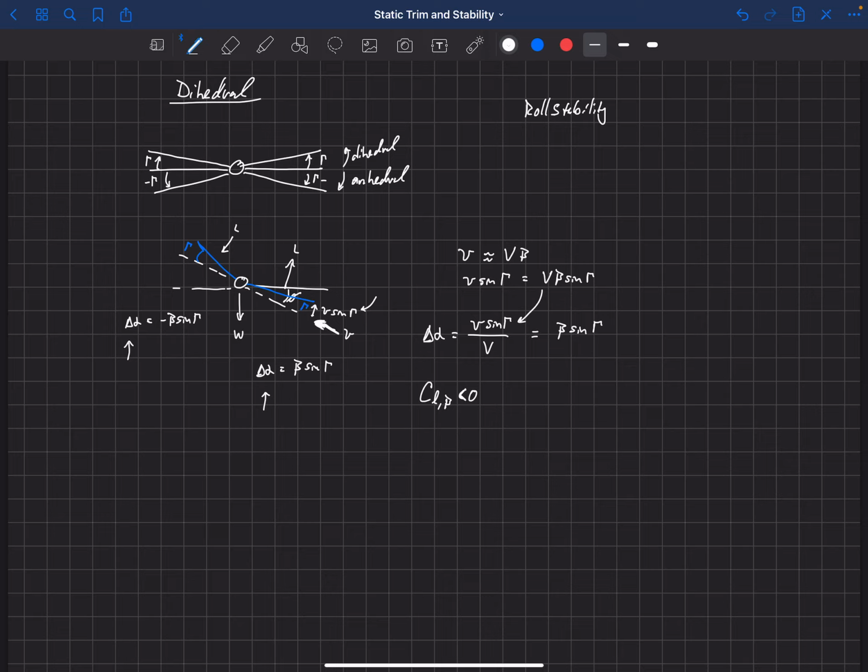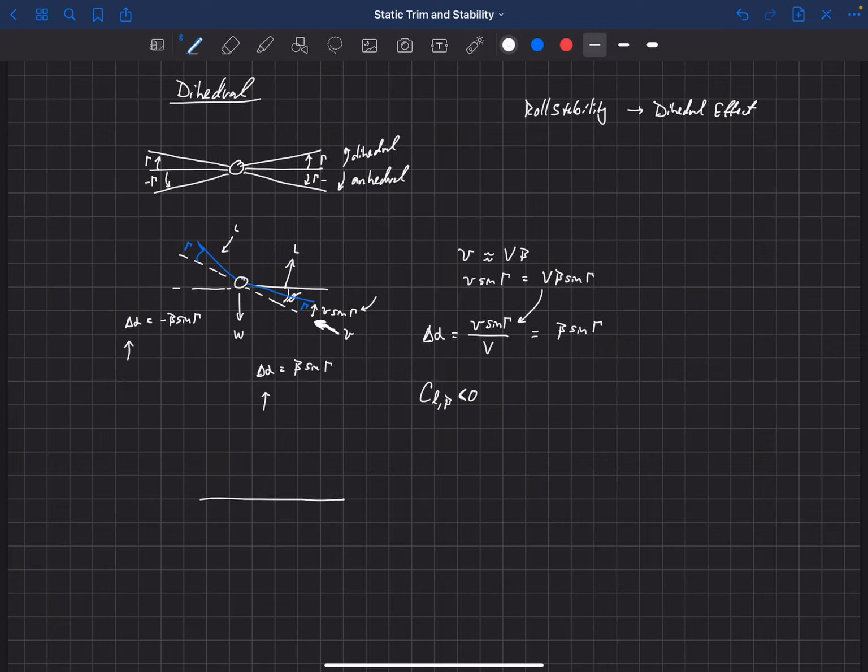And some people will actually use these phrases interchangeably, roll stability and dihedral effect, because dihedral is such a dominant effect on roll stability. And so this is used on many, many aircraft to control the roll stability, and so people will just call it dihedral effect.